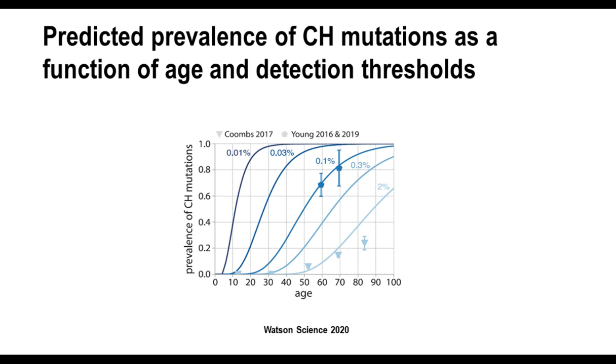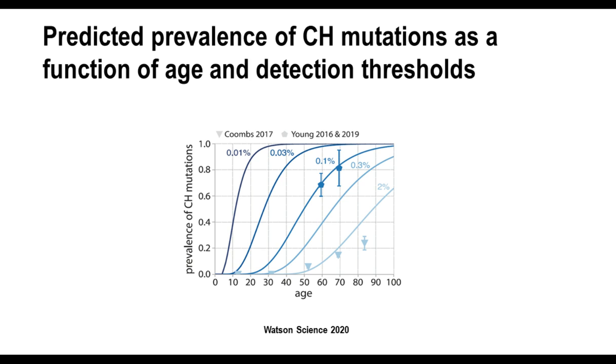What I want to highlight, however, is that the probability to detect such mutations associated with clonal hematopoiesis is clearly related to factors such as age, as I said, but also to the sensitivity of the method that you are using to test. In fact, if you use a high-sensitivity method, it's possible to detect the mutations even in young individuals.